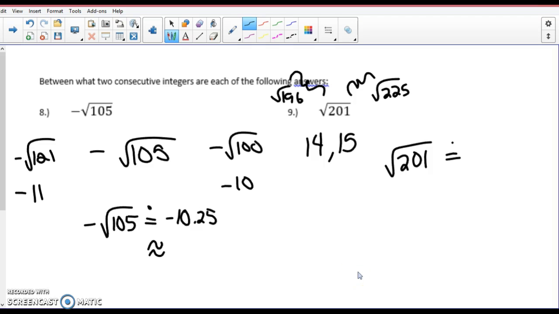So give me a decent estimate of what this will be. Joseph. I say 14.2 is a pretty good estimate. Would I mark 14.1 wrong? No. Would I mark 14.3 wrong? No. Okay.